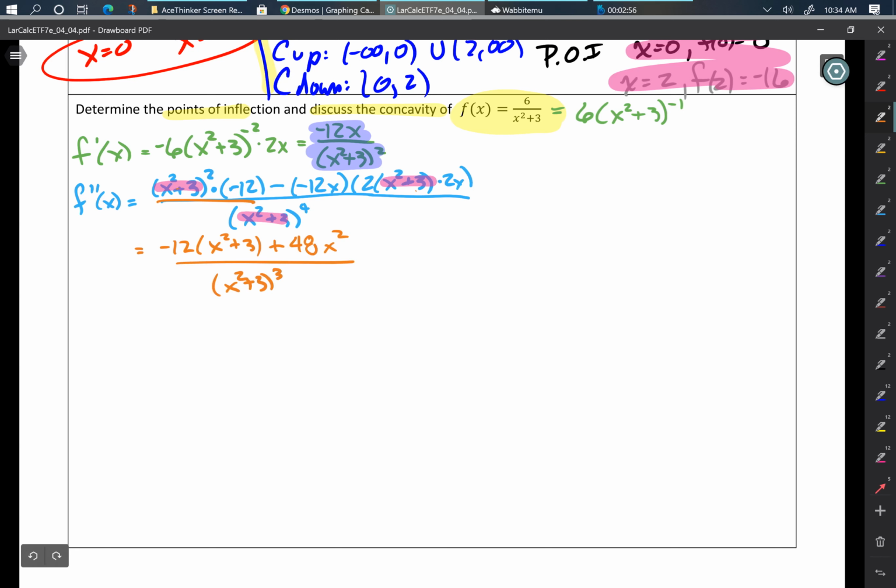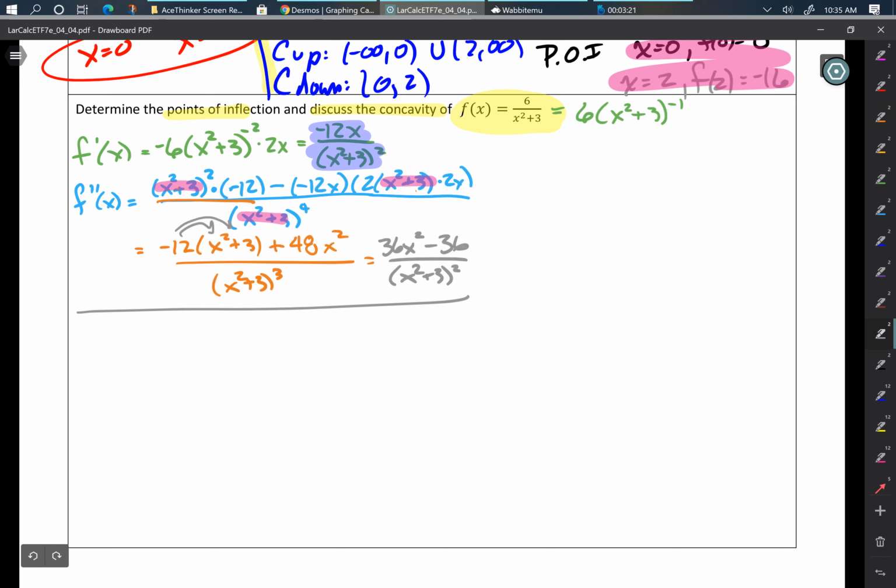Factored one of them out of each of those three that are highlighted pink. Let's clean that numerator up a little bit more. If we do this distribution right here, we're going to get 48x squared minus 12x squared, which will give me 36x squared minus 36 over x squared plus 3 squared.